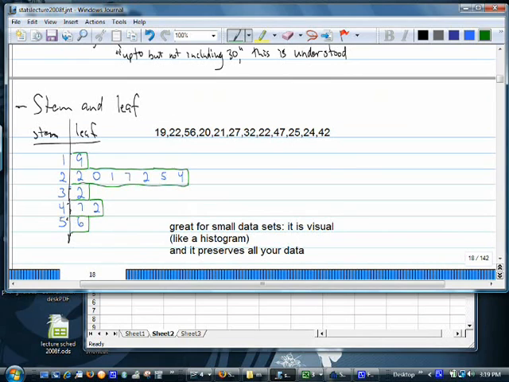First of all, you would not want to do it by hand, but even if you had a computer to do it, would you really want to have 10,000 digits swimming around? No, you wouldn't want to look at these things. So this mostly makes sense for small data sets. Okay. So how would you make a stem and leaf diagram for this data?